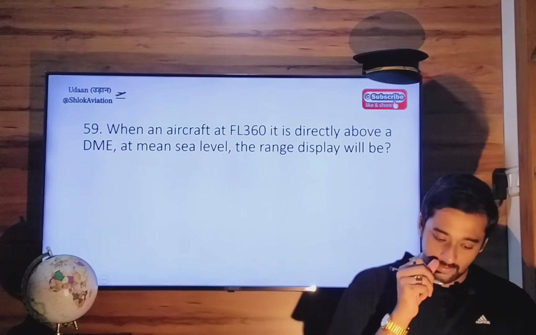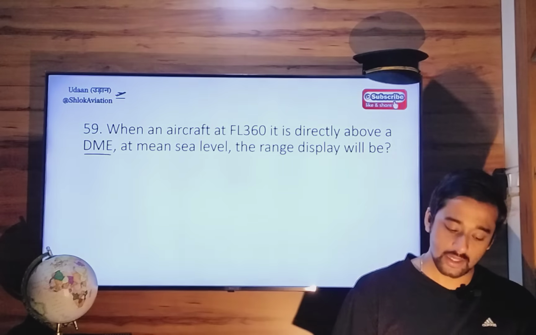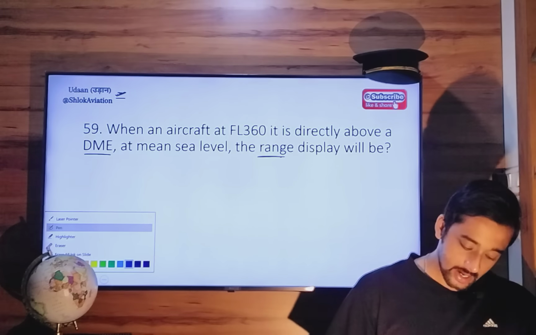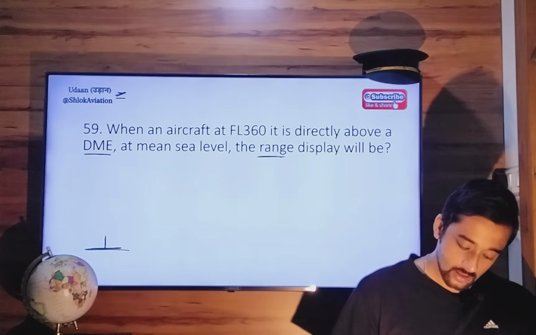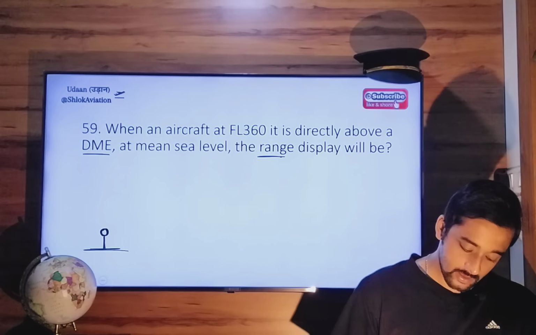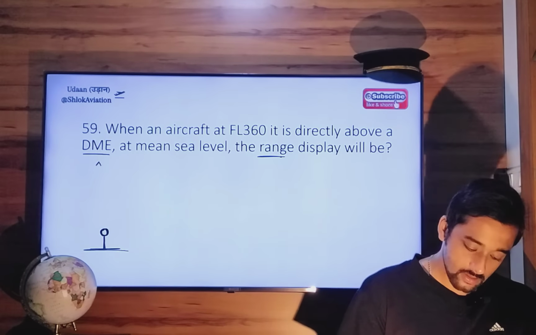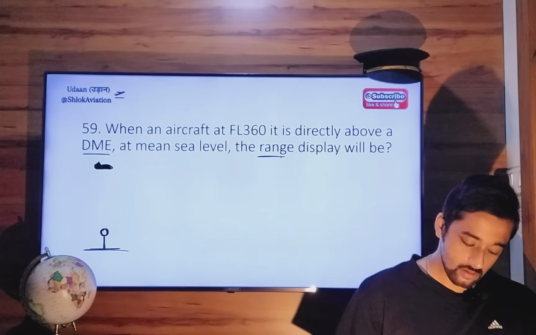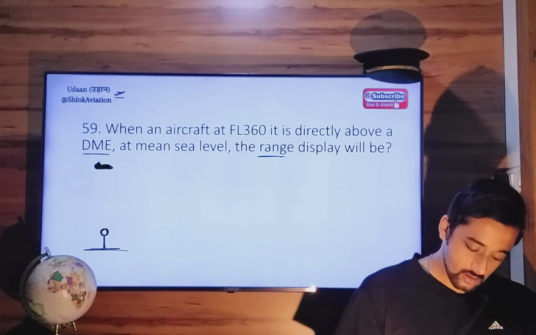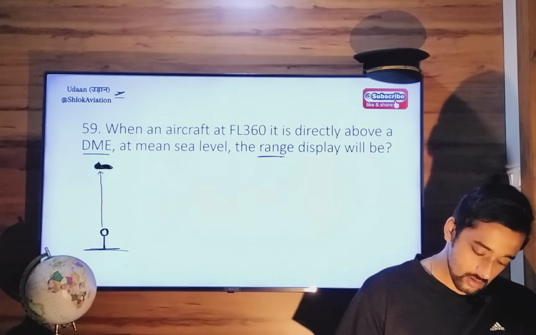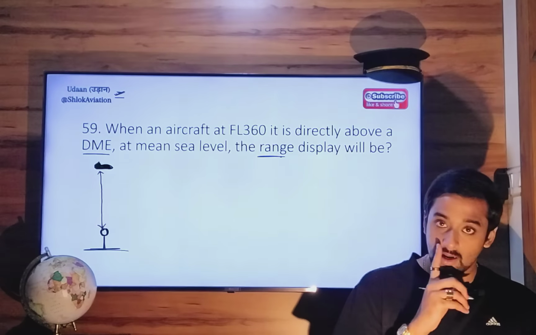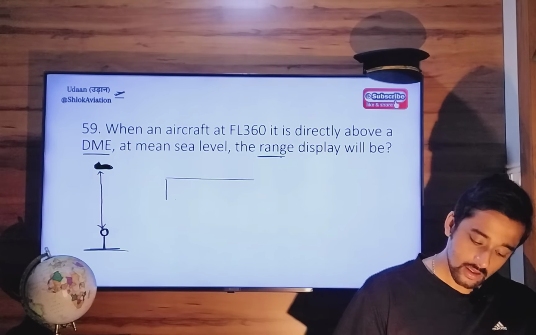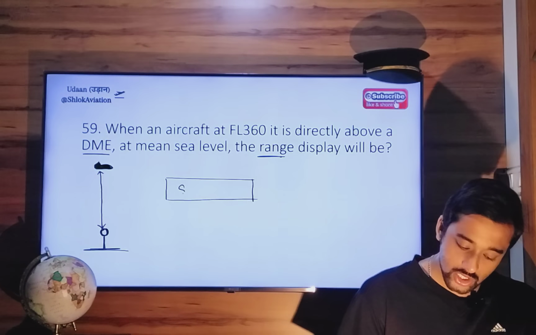When the aircraft is at flight level 360 and above the DME station, what will be the range shown? So when you are flying directly above the DME station, like this, the information shown by the DME facility will be your slant range.